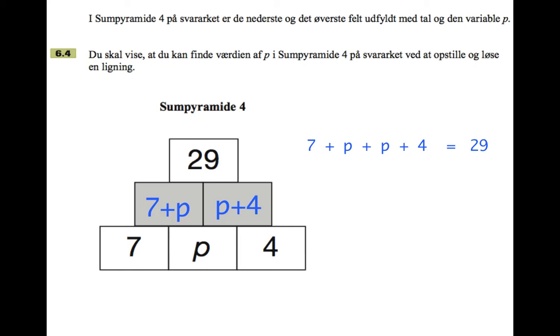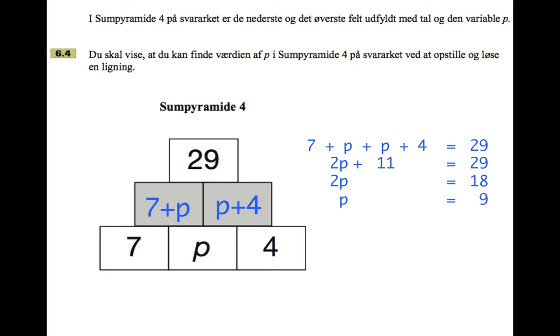So simplifying that, you've got two p's, p plus p makes 2p, and then you've got 7 plus 4 making 11, so 2p plus 11 equals 29. Taking away the 11 from both sides leaves you 2p equals 18, and dividing by 2, p equals 9.